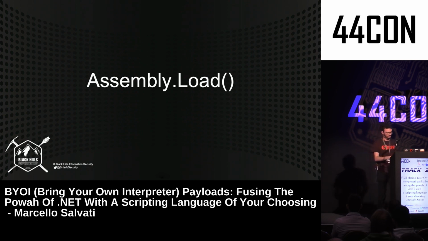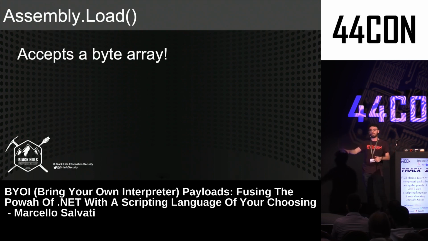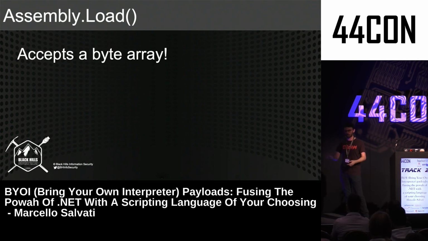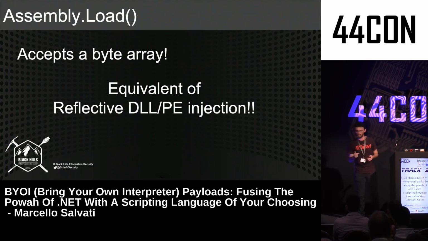Assembly.Load is fantastic because it accepts a byte array, among many other things, but what that means is you can just throw it an assembly. Remember how I told you before, you generate a .NET assembly by compiling C# into an executable or DLL. If you throw that executable or DLL to this function, it'll automatically load it in memory. And now all of a sudden you have access to all of the code that you've defined in your C# source code.